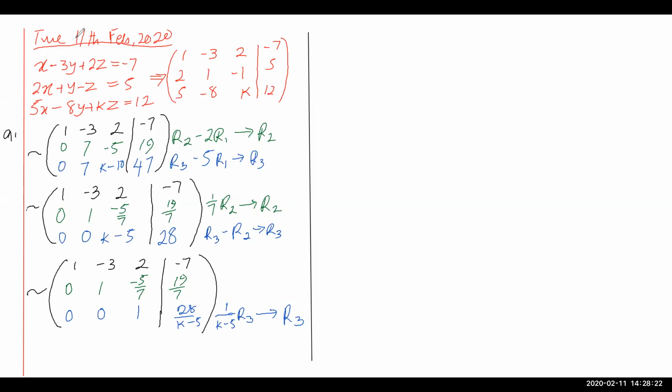Good, yes. So what you're saying is there exists no solution. So you say there exists no solution when 28 divided by k minus 5 does not exist.